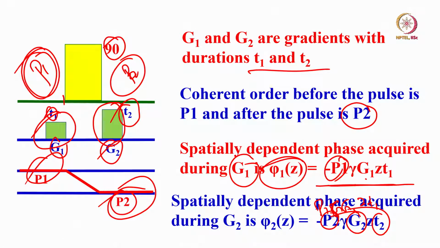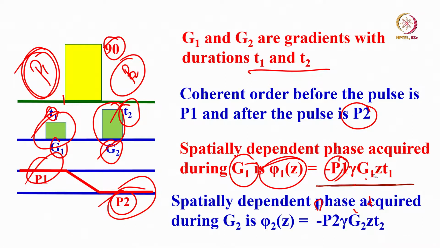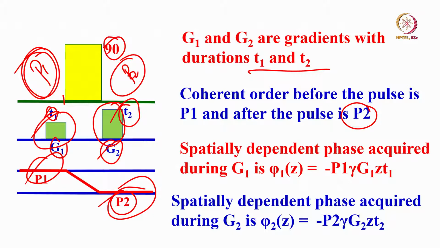All I did was vary the terminology here. Before, I calculated the phase of coherence order P1 because of the G1 gradient, and P2 because of this one. So, I told you the phase of coherence orders can be calculated along the Z axis based on these two equations, which you must always remember.